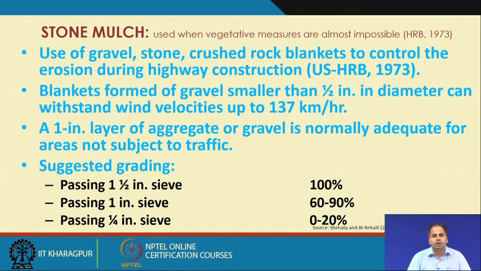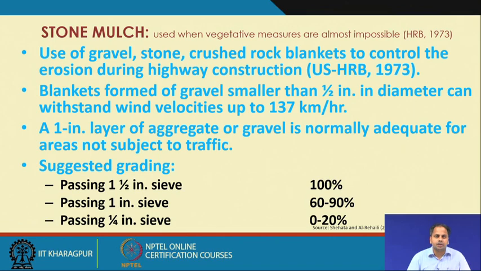They also specified that by forming a blanket of gravel smaller than half inch in diameter, we can withstand a velocity up to 137 kilometer per hour. Or we can use around 1 inch of a layer of gravel aggregate, which is normally adequate for areas that are not subjected to traffic.